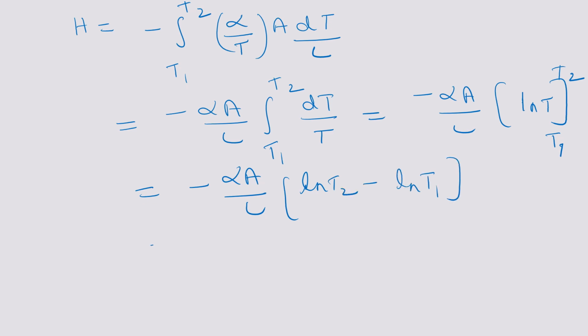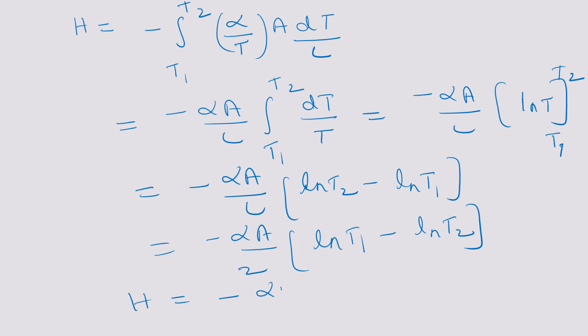So that is equal to minus alpha A by L of ln T1 minus ln T2. So H is equal to minus alpha A by L. This is alpha A by L into ln of T1 by T2.